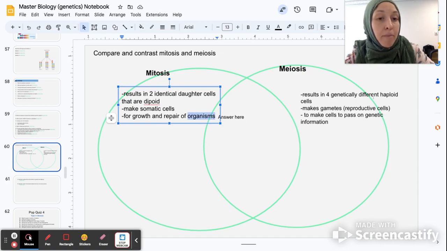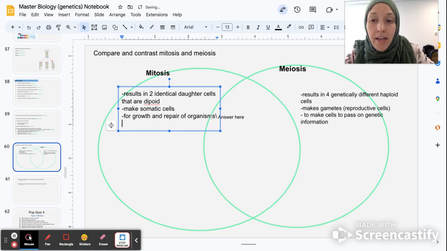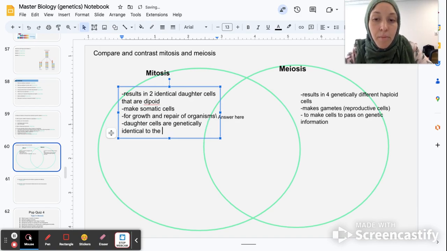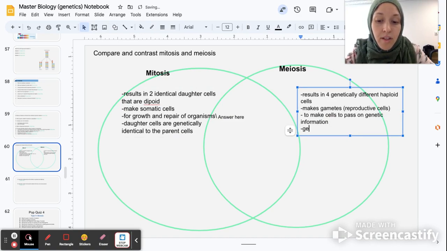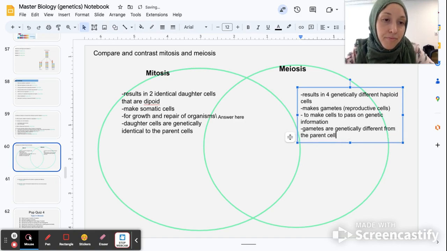In meiosis, my gametes are genetically different. In mitosis, also my daughter cells are genetically identical to the parent cell. And here they are genetically different. The gametes are genetically different from the parent cell.